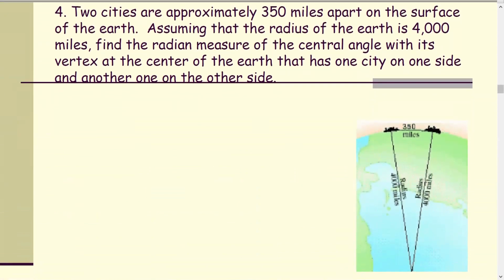Let's see this example. Two cities are approximately 350 miles apart on the surface of the Earth. Assuming that the radius of the Earth is 4,000 miles, find the radian measure of the central angle with its vertex at the center of the Earth that has one city on one side and another one on the other side.